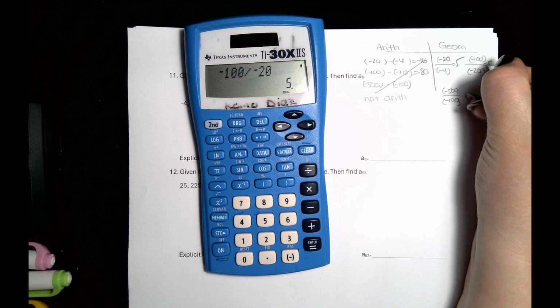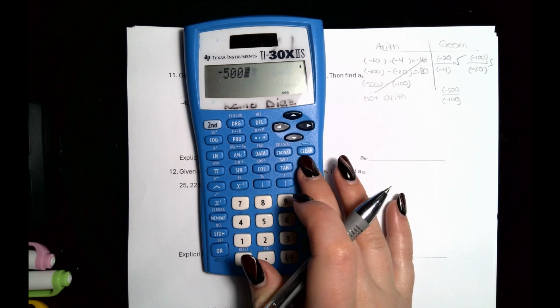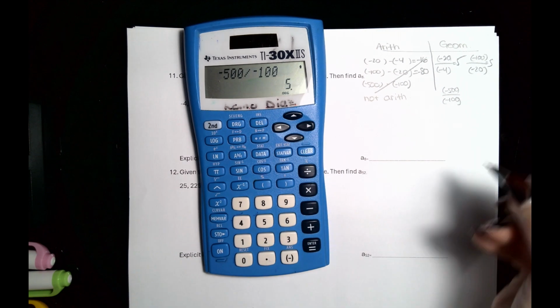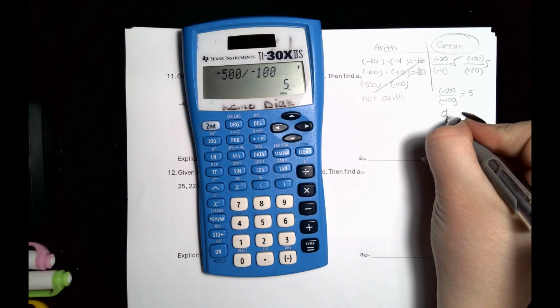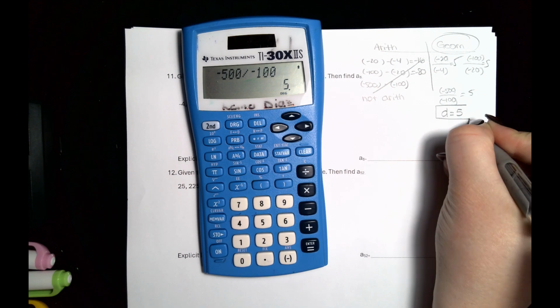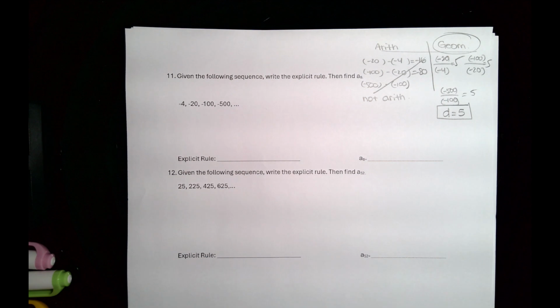Good. And -500 divided by -100, I get a 5. Good. So we have a geometric sequence with a common ratio of 5.